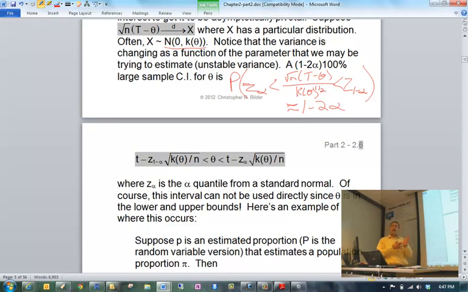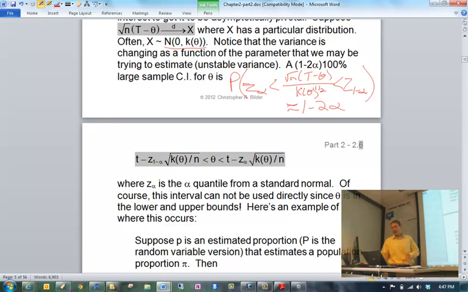Do some algebra, and then eventually get down to here, a confidence interval for theta. But what's the problem with this particular confidence interval, though? The left and the right-hand sides depend upon theta. But you want theta only to be in the middle. So you have a hard time actually calculating this interval.